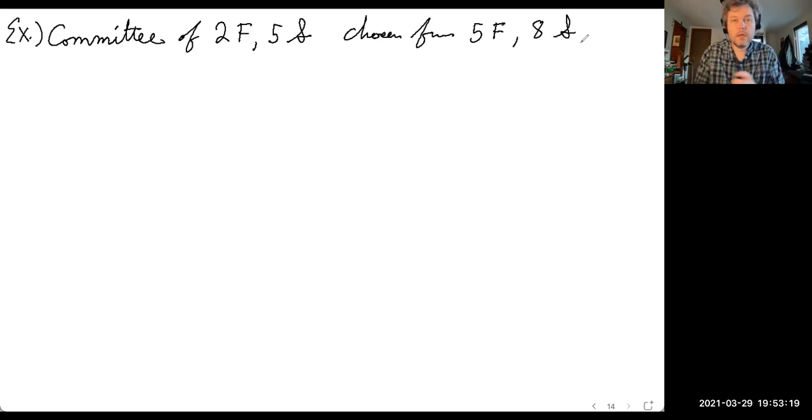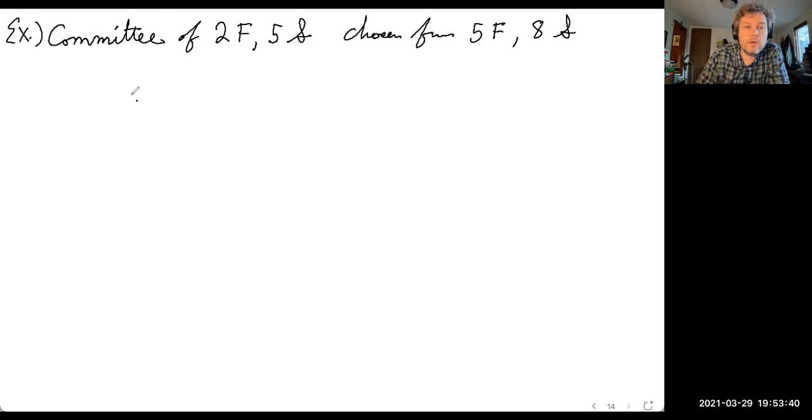So again, we're making a committee that has 2 freshmen, 5 sophomores, chosen from 5 applicant freshmen and 8 sophomores. So how can we find how many committees are possible? Again, we're not picking roles, we're just picking how many ways this can happen.